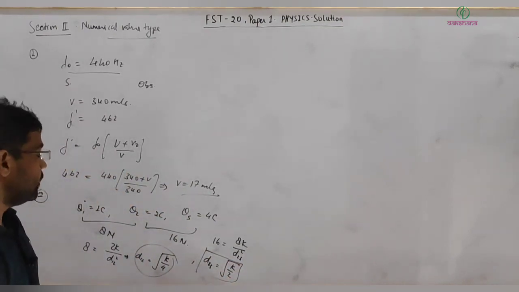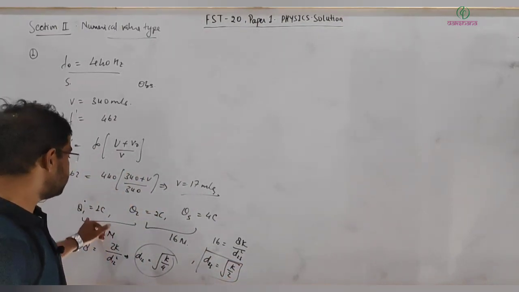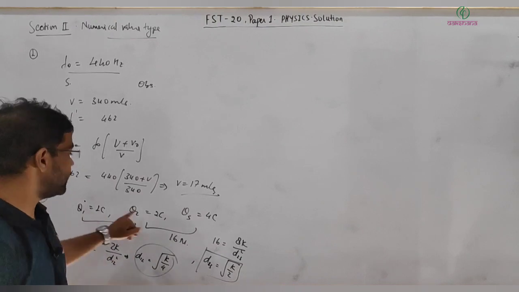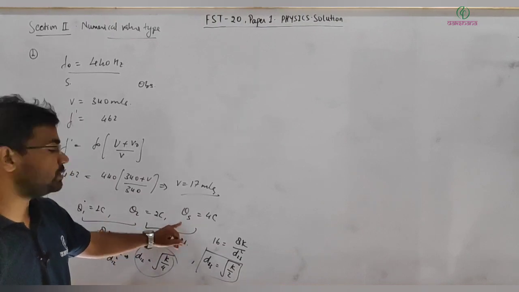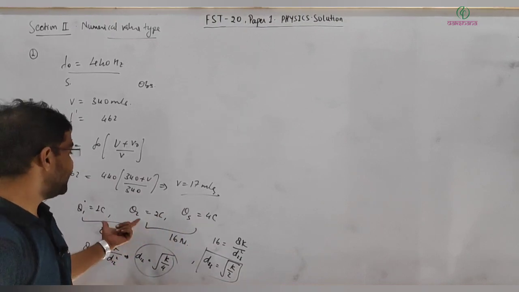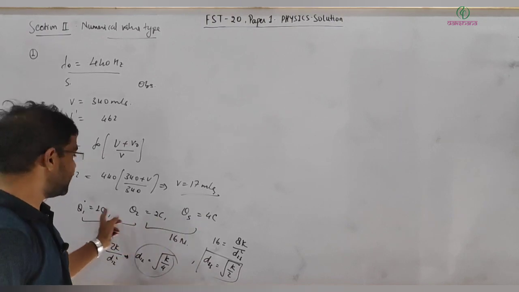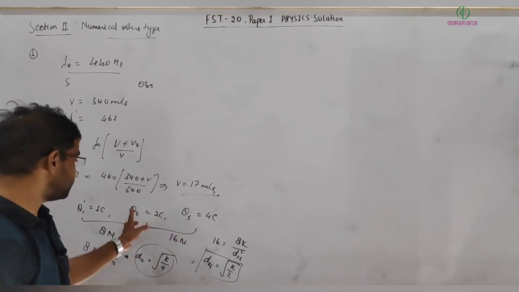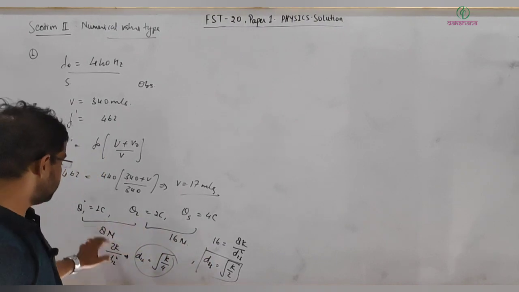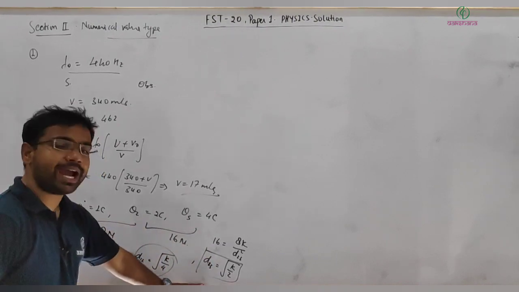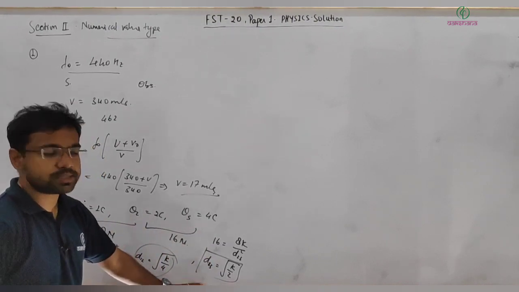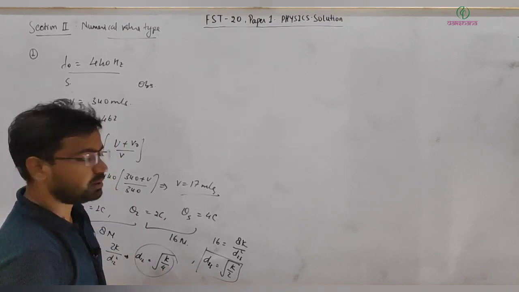Now it is asking what will be the minimum value of the force between 1 and 3. The minimum value of the force between 1 and 3 will occur when the separation between 1 and 3 is maximum. The separation between these two is this, and these two is this, so if these are added, that will be the maximum possible separation. In that situation the force will be minimum.